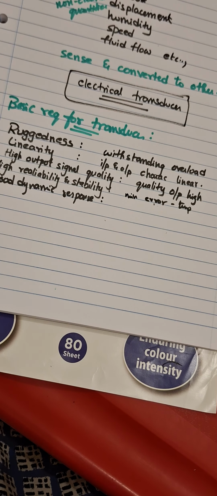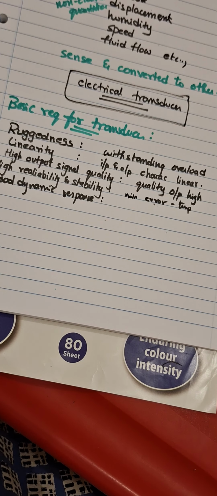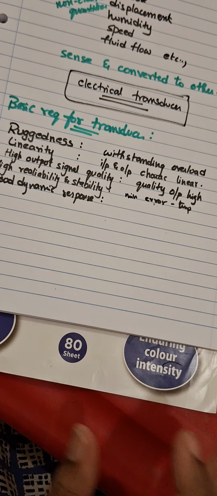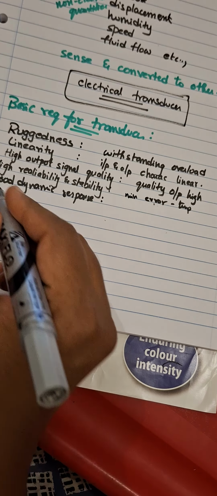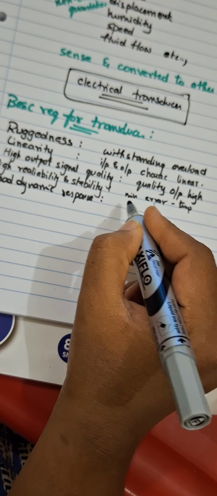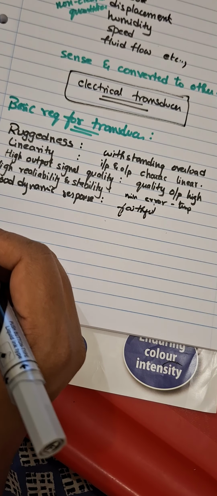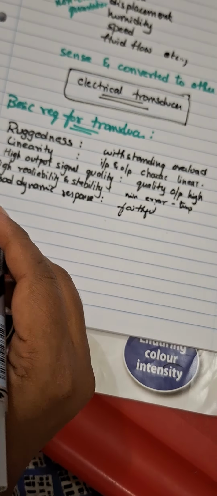That's how a transducer also should be. We should have faith in it when we are taking a function of time or whatever it is, right? So the output should always be faithful, depending on the input.